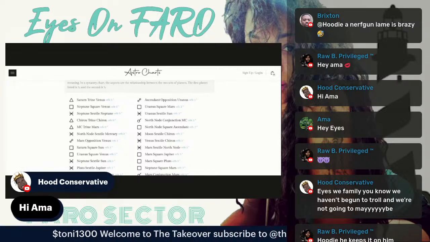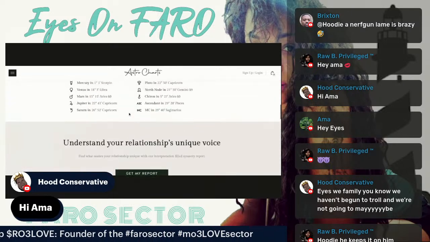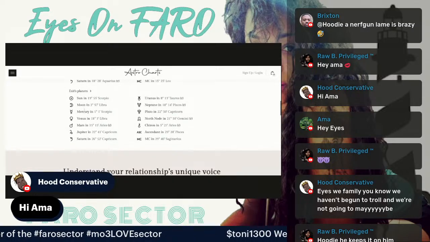So the question is, who was Venus? So I'm looking at this chart. Venus was in Libra at 18 degrees on the day that he died. So if you add those numbers up, it's 1 plus 8 is 9, 9 plus 3 is 12, and 1 plus 2 is 3.